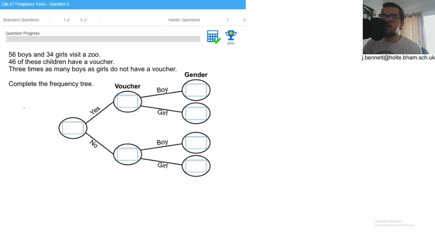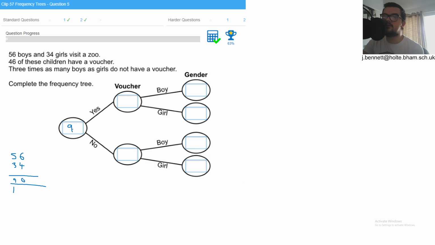56 boys and 36 girls attend a zoo. Okay, so let's add those together to find the total. 56 plus 34... 6 plus 4 is 10, 0 with 1 carried, 5 plus 3 is 8, plus 1 is 9.